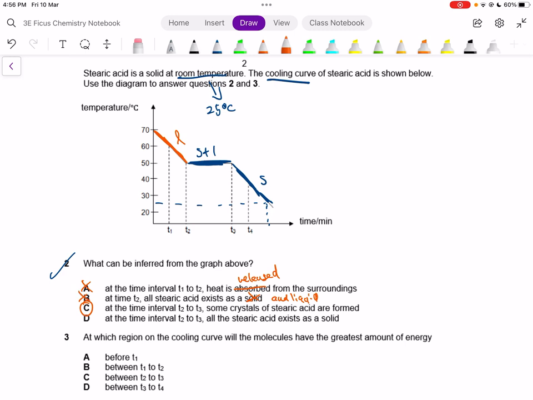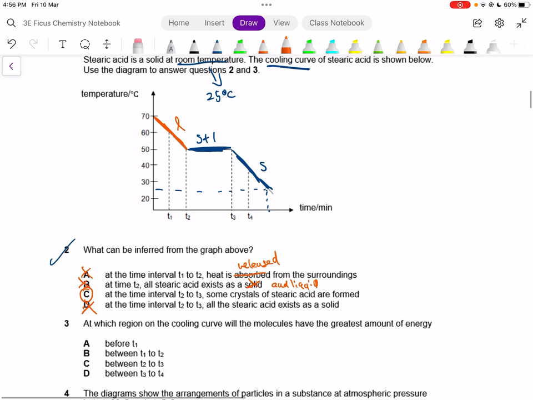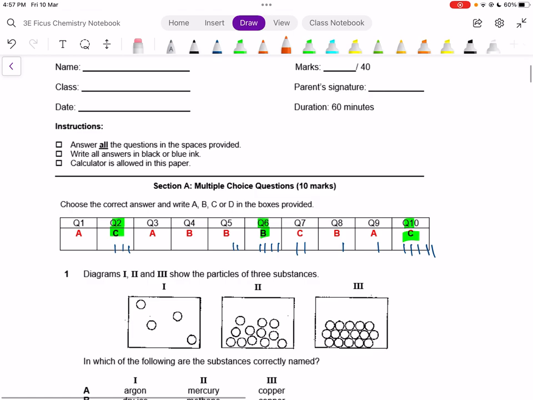Then at time T2 to T3, all stearic acid exists as solid. No, solid and liquid. So T2 to T3, some crystals, yes, that means some solid is formed. Right, question 2 done.